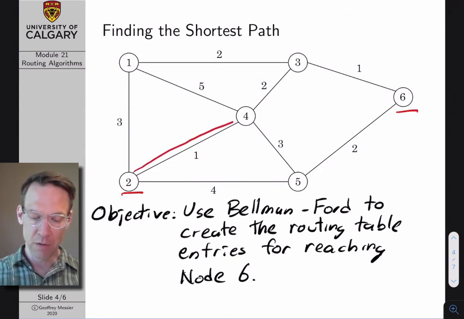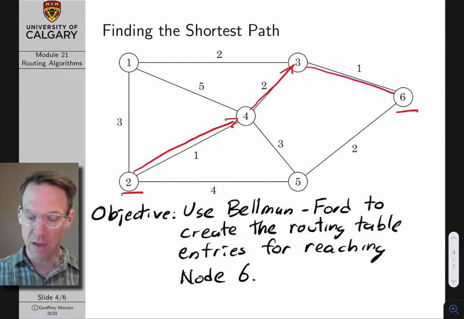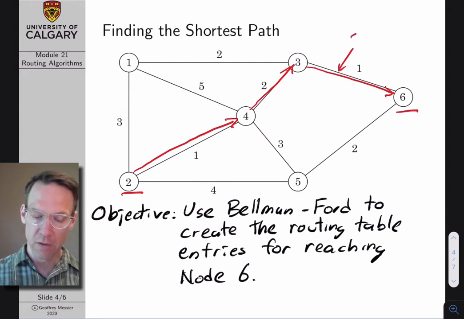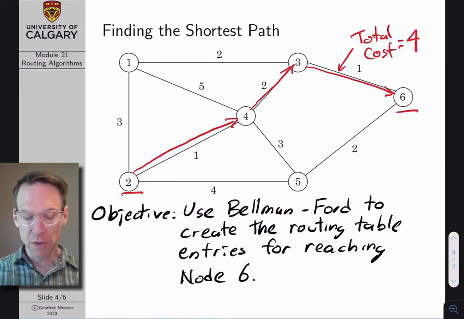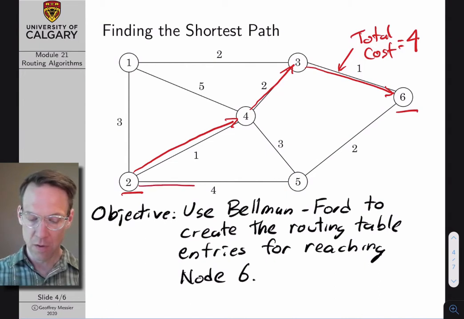If we traverse this link, we have a cost of 1. Through this link, we have a cost of 2. And through this link, we have a cost of 1. So the total cost for that path is equal to 4. You will note that it's also possible for node 2 to reach node 6 via node 5.